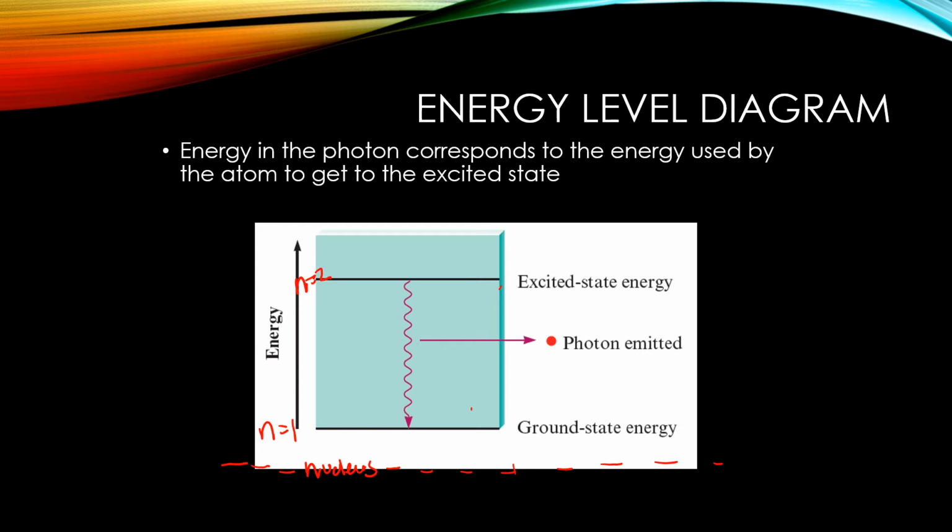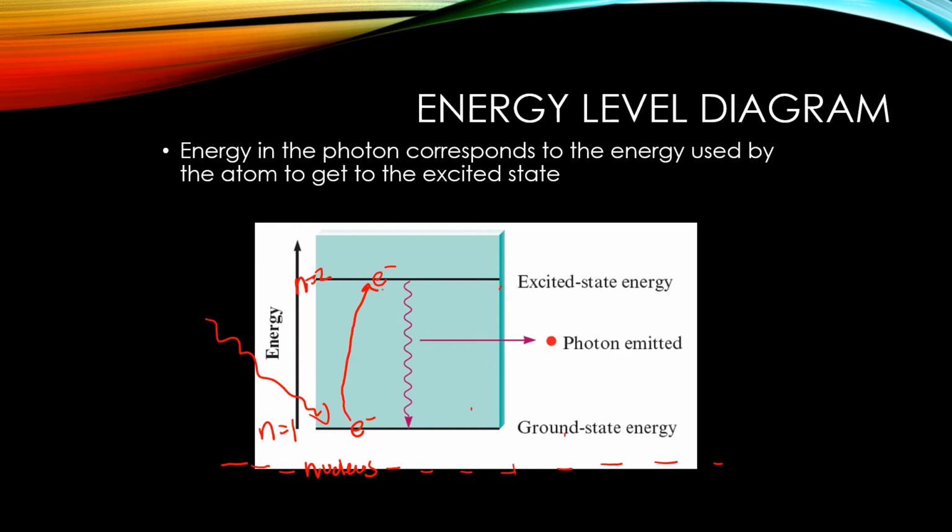And so what you'll find is that, again, if I have this electron here at this ground state to begin with, we are going to have some energy that is added into the atom. It will cause the electron to jump up to that higher energy level. So now it again has reached that excited state. It will release that energy in the form of a photon, which we can sometimes see and sometimes can't.